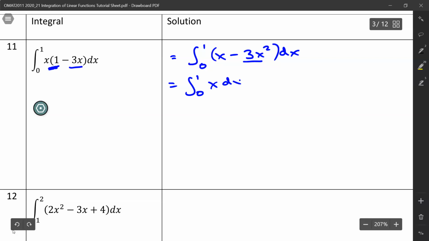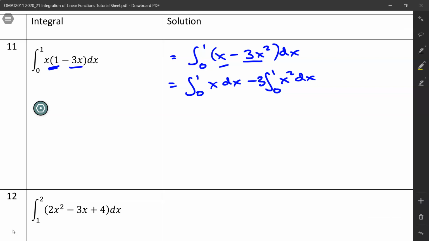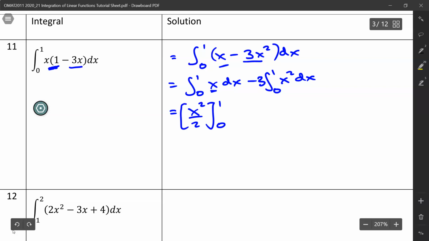So the integral of x dx minus, I can bring the 3 outside, the integral going from 1 to 0 of x squared dx. So you can see you can split these if you have a plus or minus between them into 2 separate integrals.